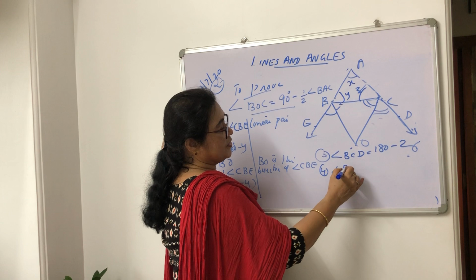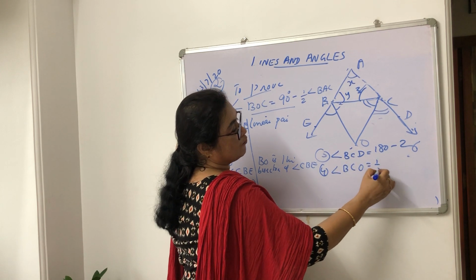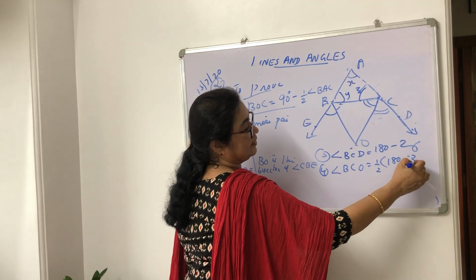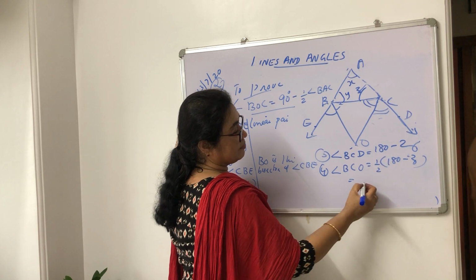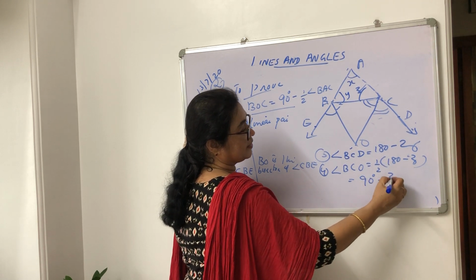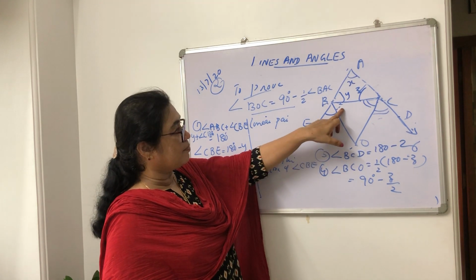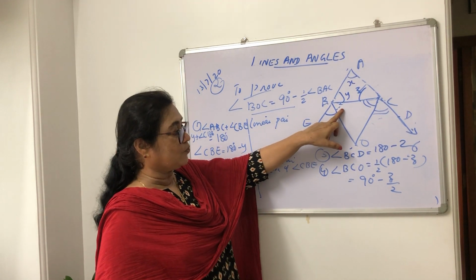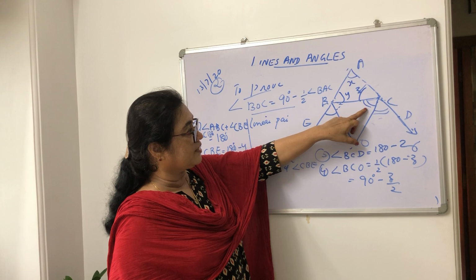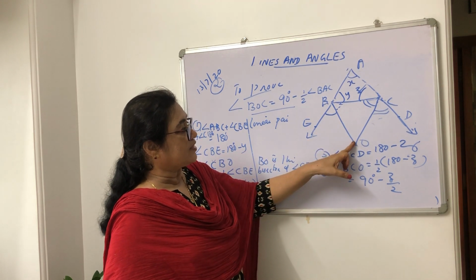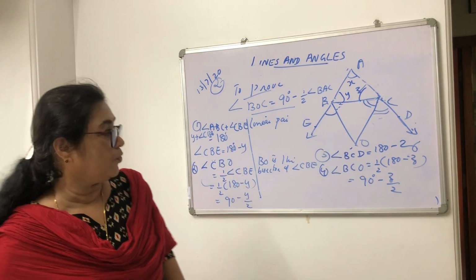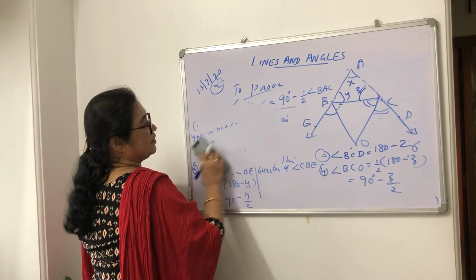Therefore, angle BCO is half of 180 minus Z, that is 90 minus Z by 2. So you got this is 90 minus Y by 2 and this is 90 minus Z by 2. Then this angle BCO, I am going to apply this.